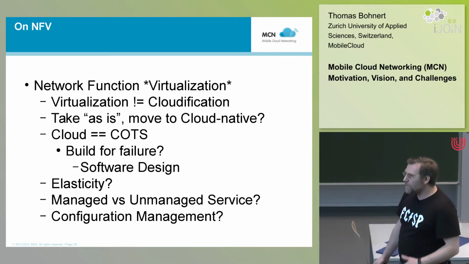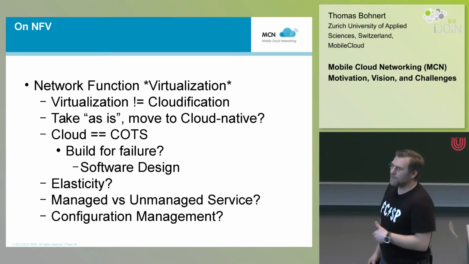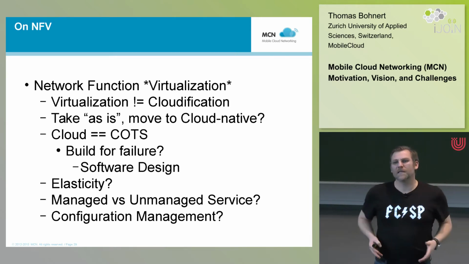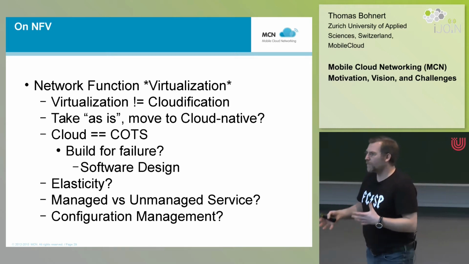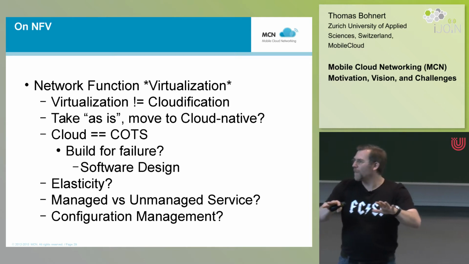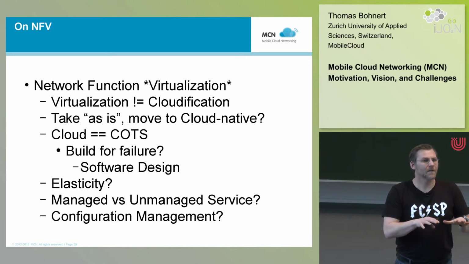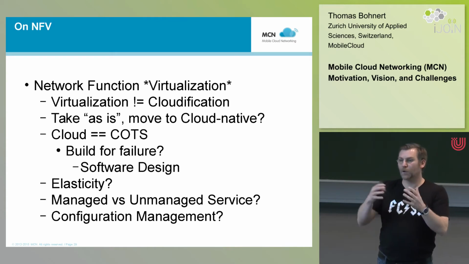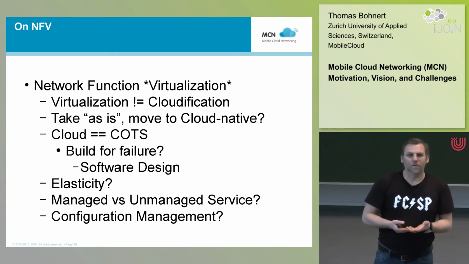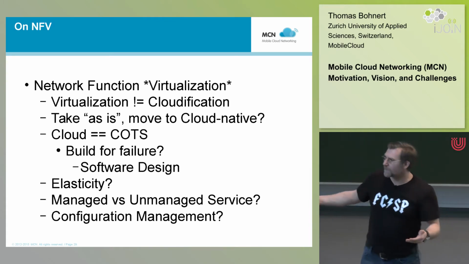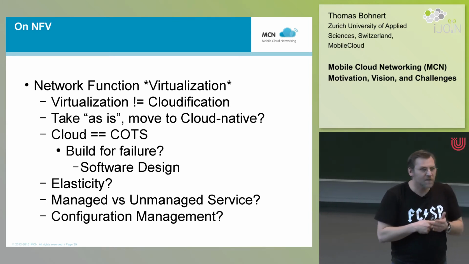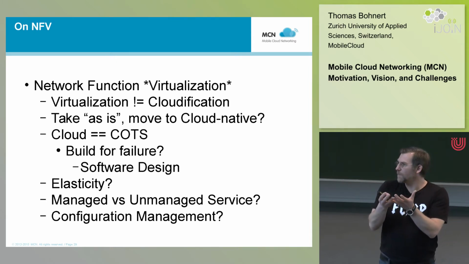Then one thing which we really had a very hard time with is the whole idea of configuration. It's relatively easy if you have the images of an EPC, an MME, packet gateway, and so forth. If you have them ready and you have them contextualized and you have the heat template to provision them. But if you have 6, 7 different tenants, all of them have different contexts, so you need to configure these services in a different way. So now how do you configure these things? Do you inject, and that's what OpenStack for instance does, configuration instructions while you boot up a service?